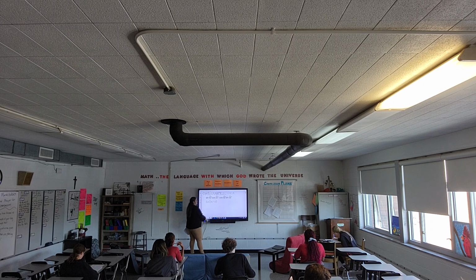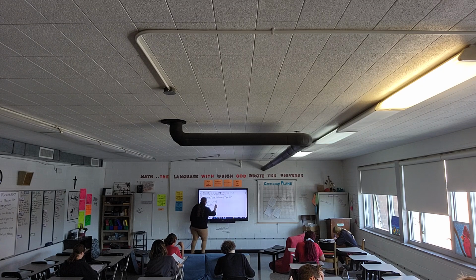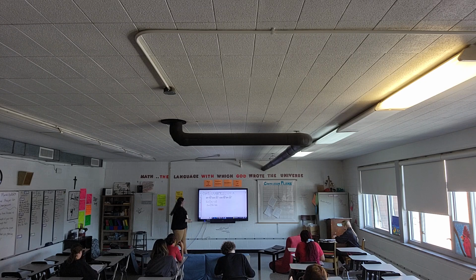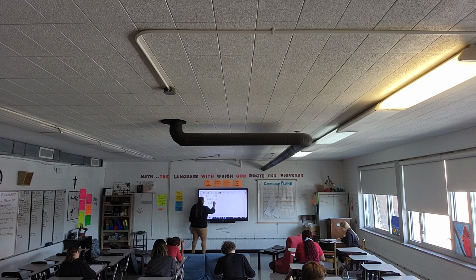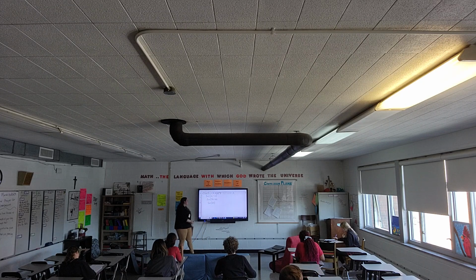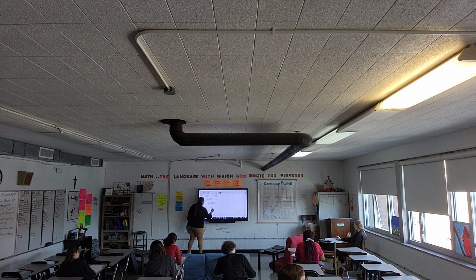What's our U and V? So sine of 52 minus 22. Are we done? Nope. We're not done yet. So it's going to be sine, what's 52 minus 22? 30. Are we done? No. What's sine of 30? 1/2. Now you're done.